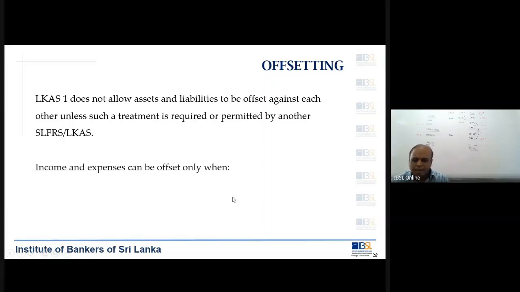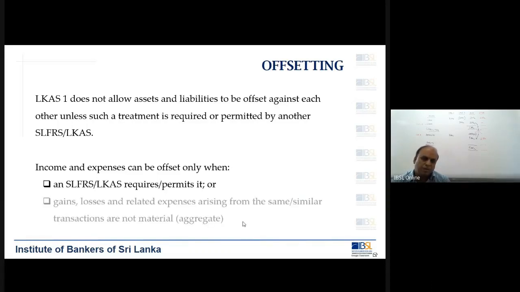There may be instances where income and expenses can be set off. There are certain SLFRS and LKSs that permit you to do it. Certain gains and losses or related expenses also can be set off.